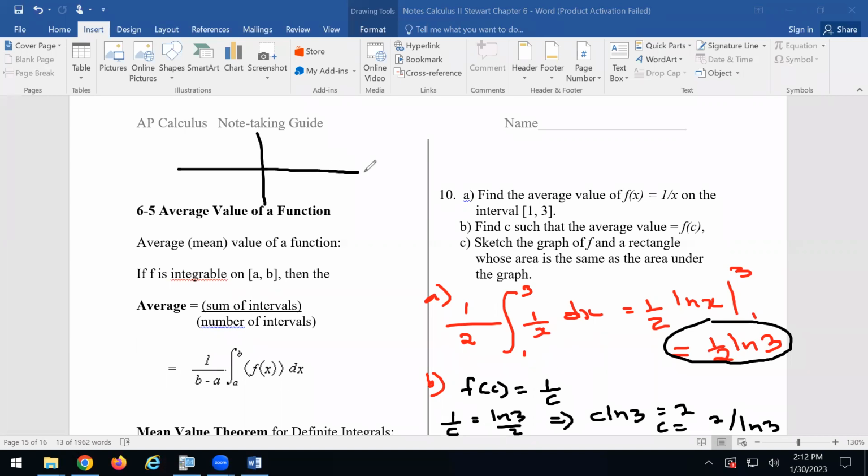So here we have our graph. The graph of y equal to 1/x has this shape, right? Something like that. And remember the boundaries. Where are we going from? We're going from, let's say, 1 to 3, right?